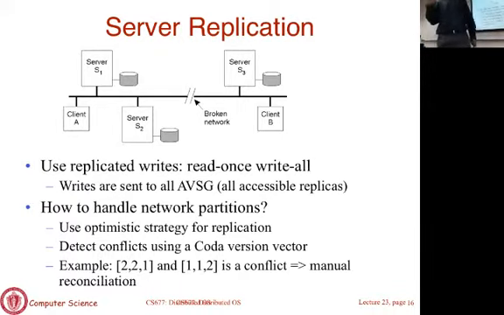But the important design decision that this file system has to make is what files to cache on this machine. You can't take all the files on the server and keep them local. The whole point of having the server is lost because the assumption is the server has a lot more disk space than your client. If you take every file on the server and put it here, you probably don't need the server to begin with. So you need to be able to cache a subset of the files.